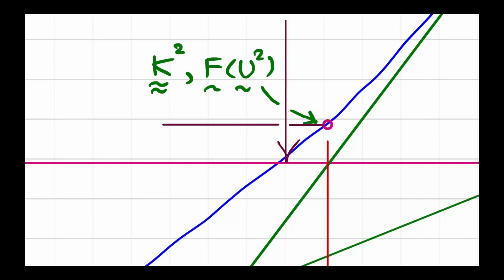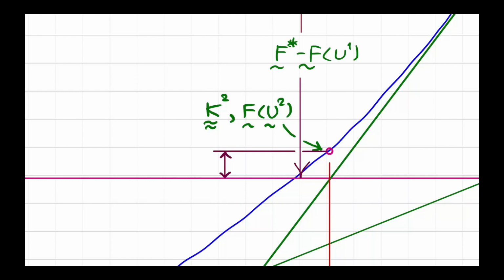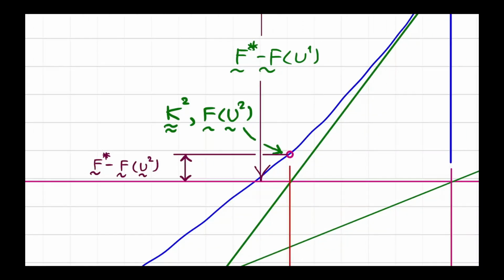You're not happy yet. So this new residual is the F star minus F U2, and you draw the tangent line just like that.